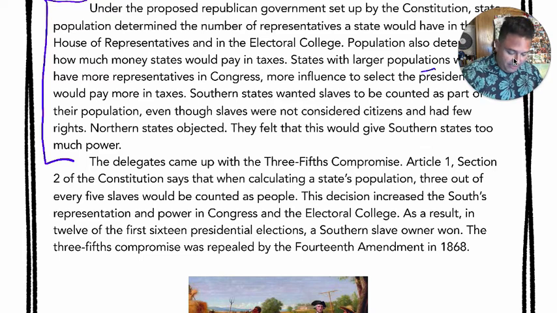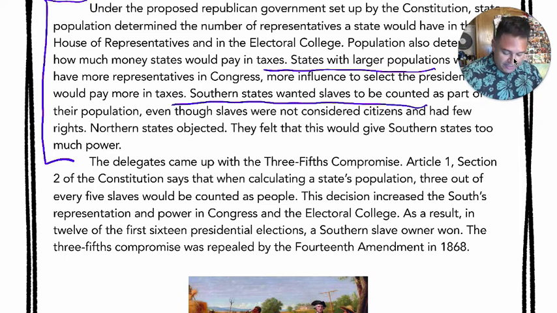States with larger populations have more representation in Congress, in the House of Representatives. Southern slaveholders wanted the slaves to be counted, even though their slaves were not considered citizens. The North objected, because the more that the South can claim people, the more representation they have in Congress. And the northern states wanted to have more power.